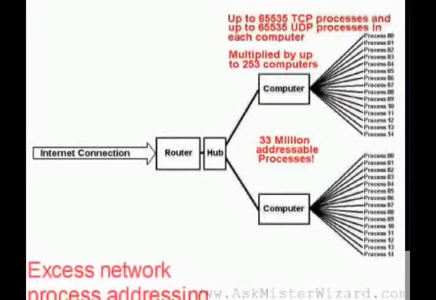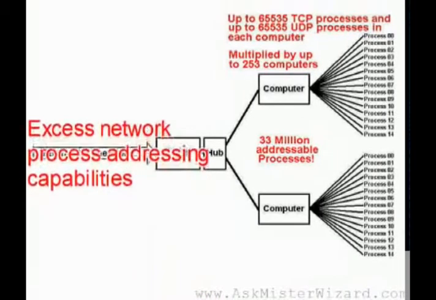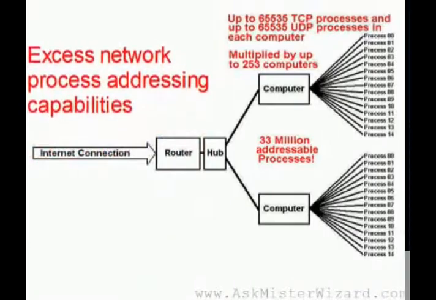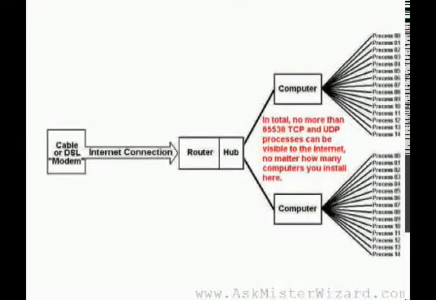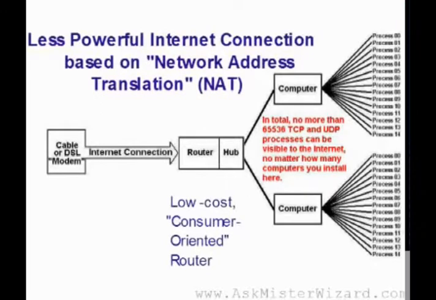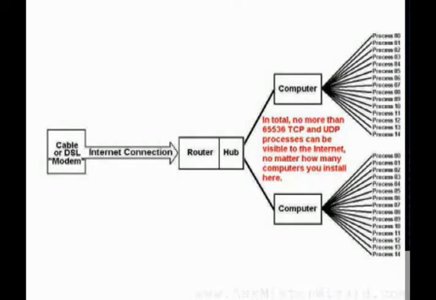Because this Class C address space Internet connection has so much excess power, beyond what would normally be needed in a small business or home office environment, clever people have figured out a way to trade off the excess process addressing space to allow multiple computers to access the Internet hidden behind a home or small office computer, using a lower-cost Internet connection intended for just one computer.